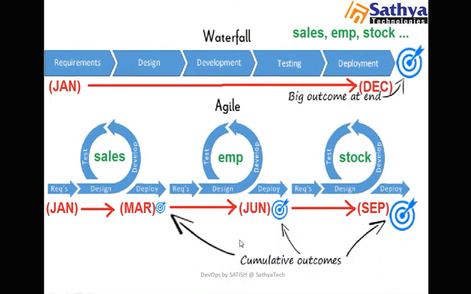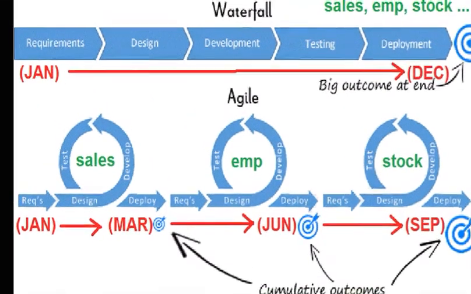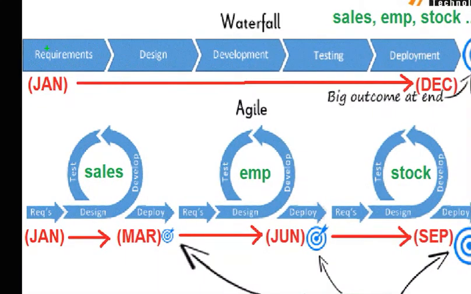If you just see this scenario, I have a project, so I can develop this project with two different models. One is waterfall, another one Agile. In waterfall model, first I will gather my client requirements, I will design, then develop the project, test it, then deploy.